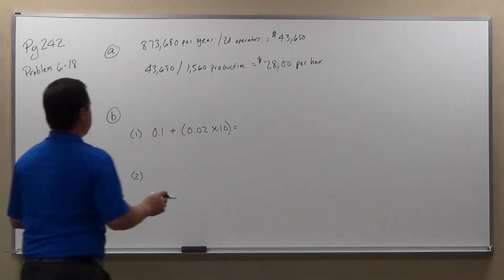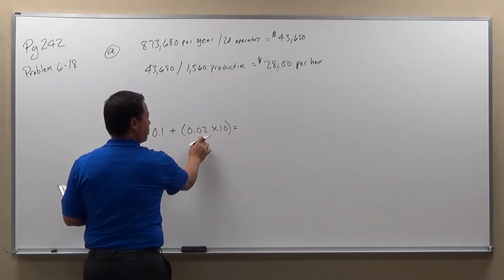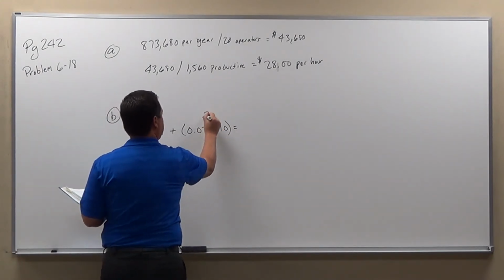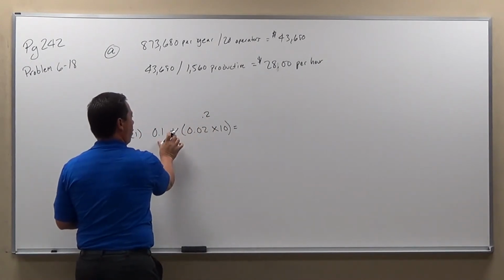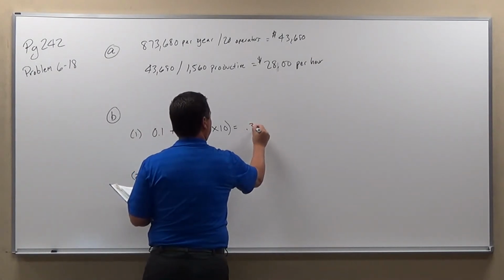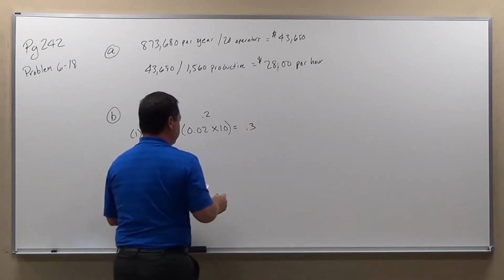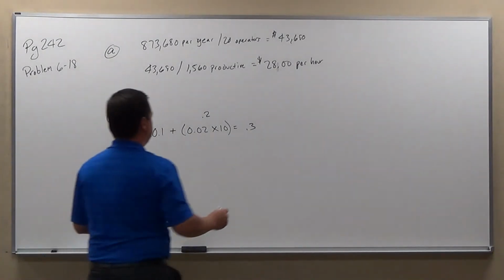So I will multiply my 10 lines times the 0.02 for each of those lines, and that gives me 0.2. Then I will add these two together, the 0.1 for each order and the 0.2, which gives us 0.3. So that's 0.3 hours it's going to cost us.